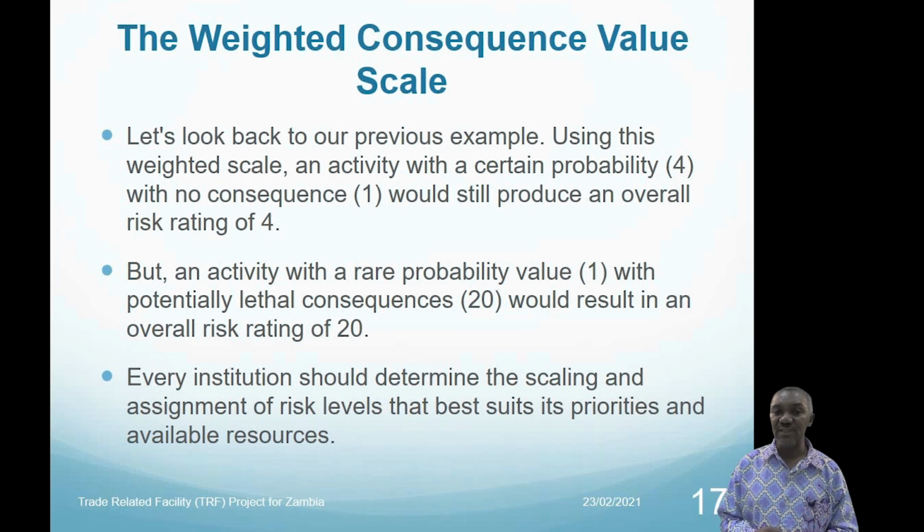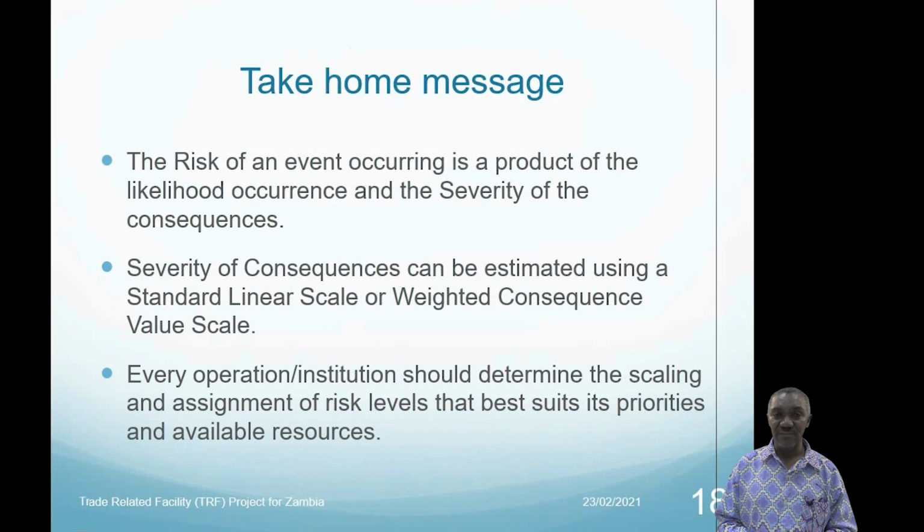So these priorities may be determined by an institution or company, depending on the way they perceive risk and of course the way they evaluate the consequences that may result from the occurrence of that particular hazard in their food commodities.